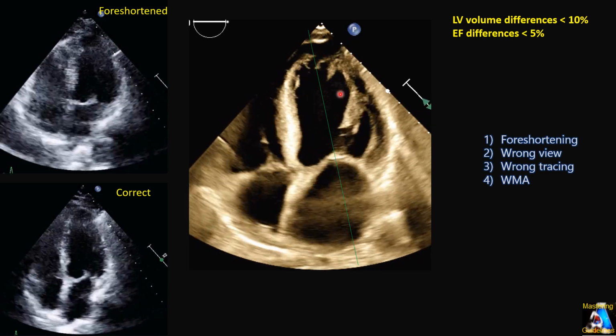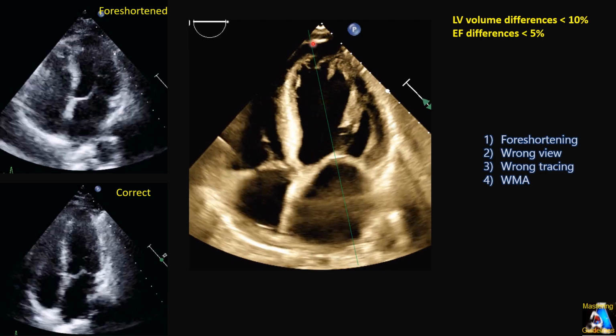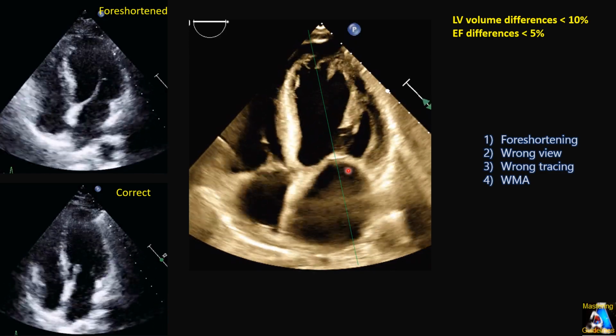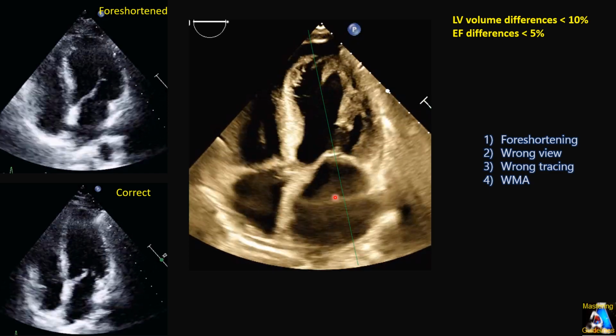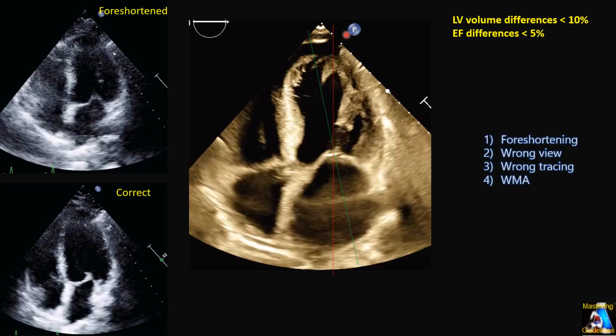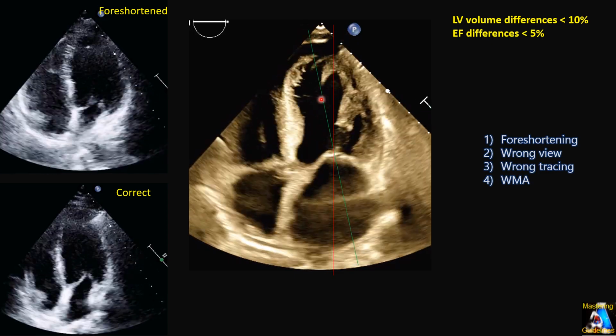Here I have to mention, as you notice, in this case the left ventricle axis is not parallel to or the same as the left atrium axis. Here this is the left atrium axis, this is the left ventricle axis, and there is an angle between them.